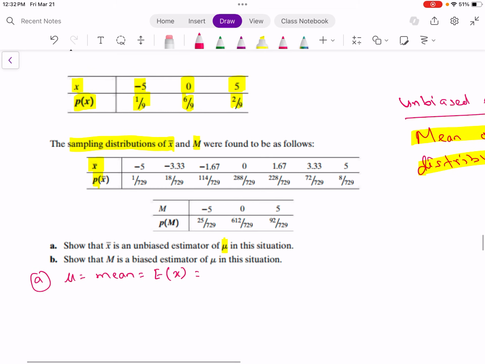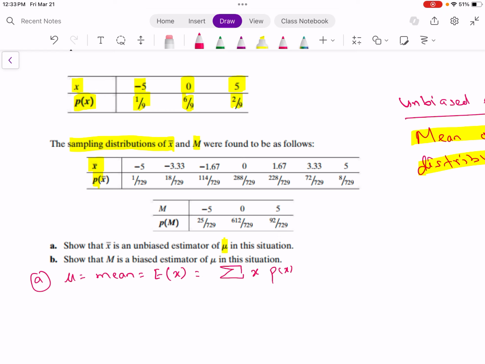Now, which table do we use to find mu here? First, second, or third? First, we find the expected value from our probability distribution. What is the formula? It is the summation of x times p of x.